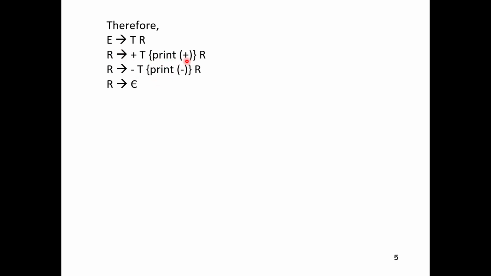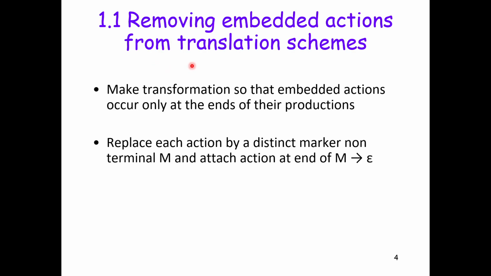So these syntax directed translations can be excluded. Instead of this, we can provide markers. That is what we are explaining in this slide. Make transformations so that embedded actions occur only at the end of the production, and replace each action by a distinct marker non-terminal M and attach the action at the end of M gives epsilon.